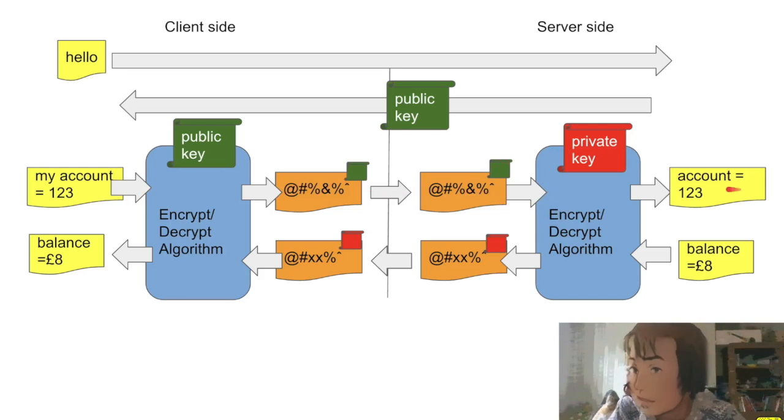The server side decrypts it, gets 123. It's nothing special, similar to what we discussed before. And then the server side will query the balance for the user and get £8. And £8 will be encrypted. The message will be encrypted by the red key and sent to the client side.